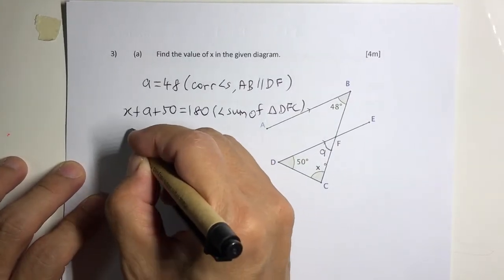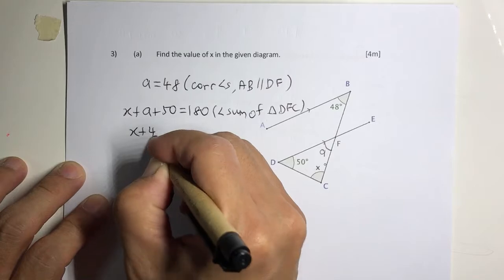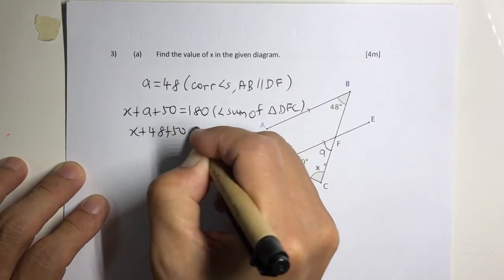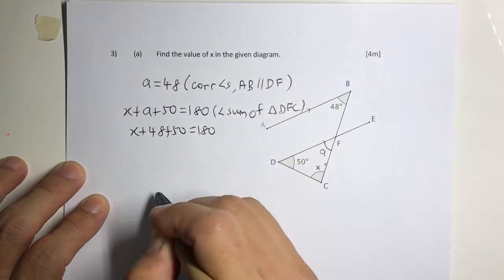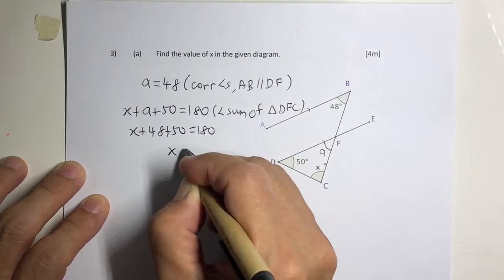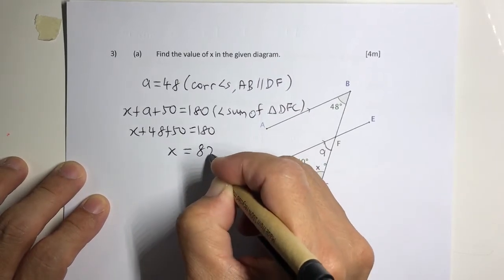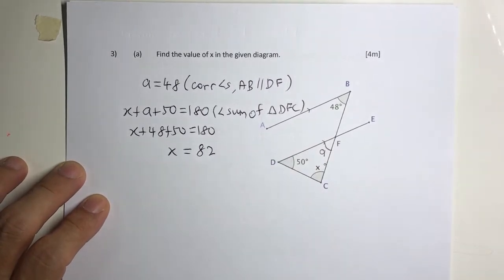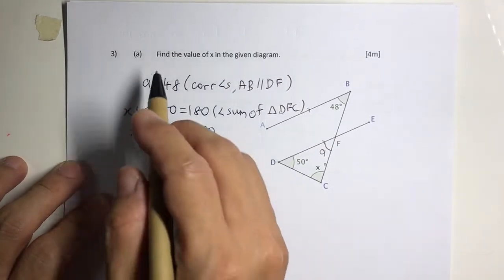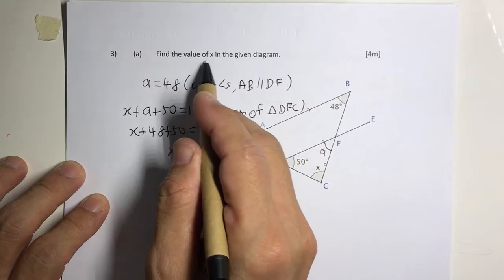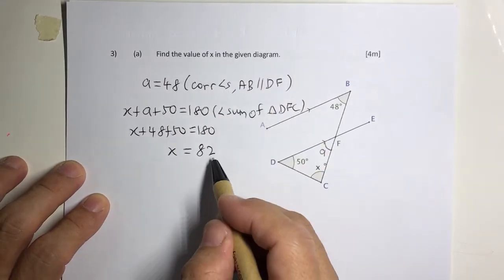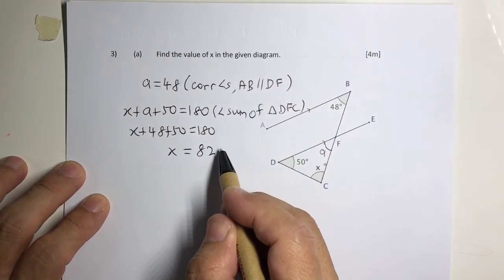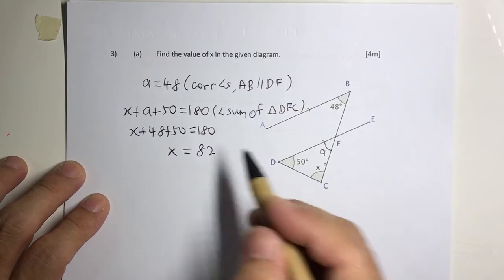Since we know A is 48, eventually we have x equals 82. The question wants us to find the value of x. Therefore, we should not have any degrees in the answer.